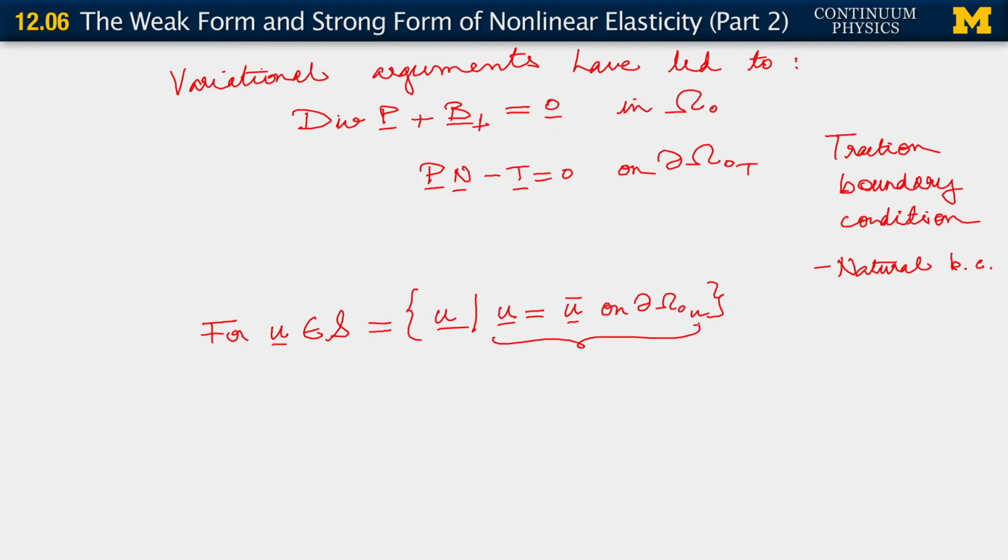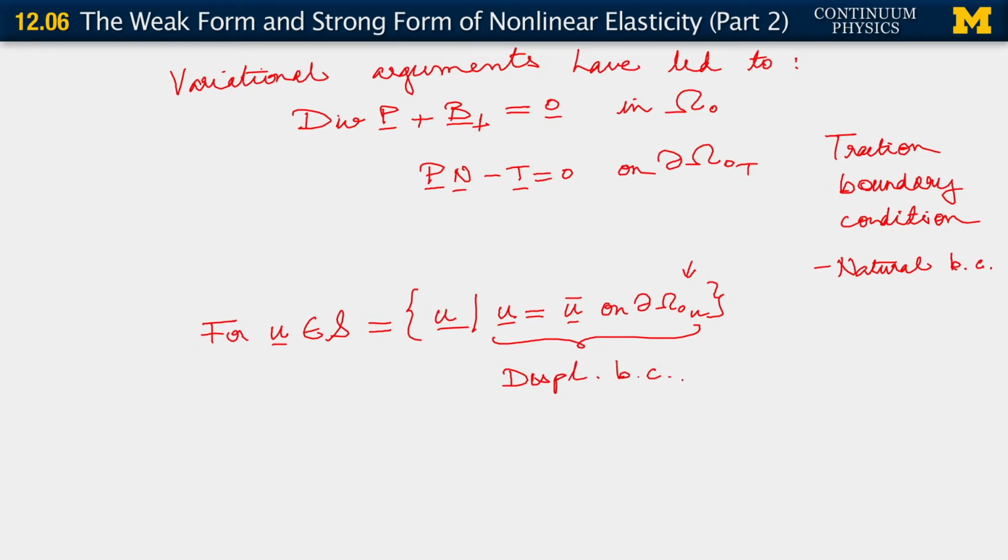This condition is an essential condition for our variational arguments to have given us this set of equations, because it was the use of this condition, the one I've just drawn a brace bracket under, which also led us to require a homogeneous boundary condition on our variations W on this part of the boundary. Okay?